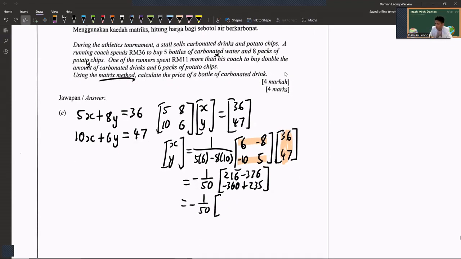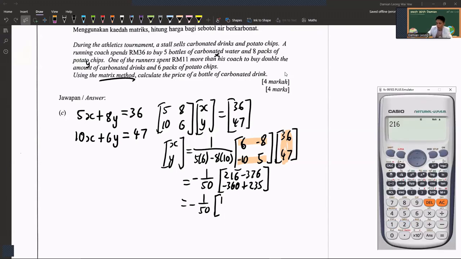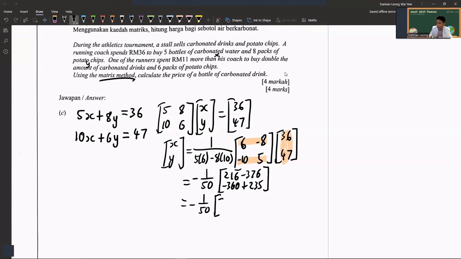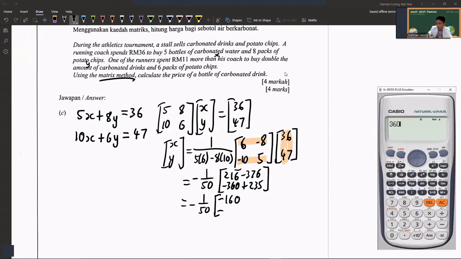This is negative 160, and here negative 125.